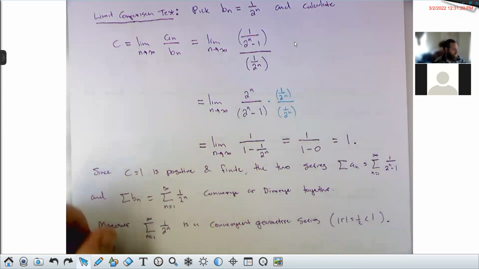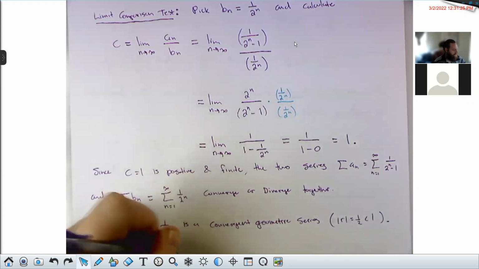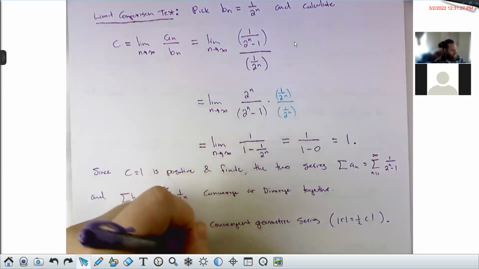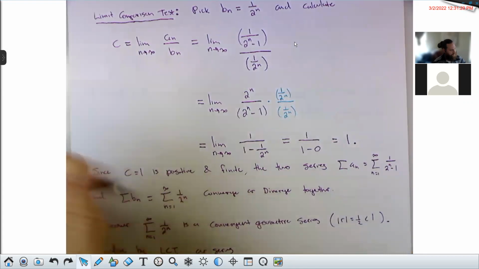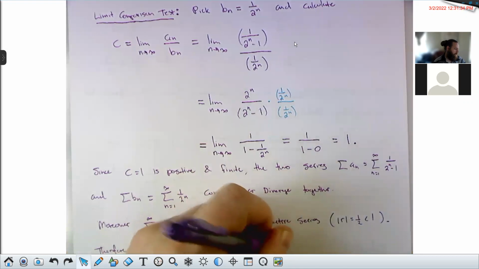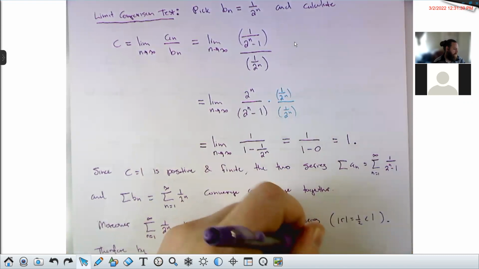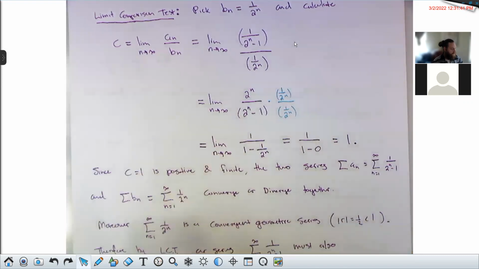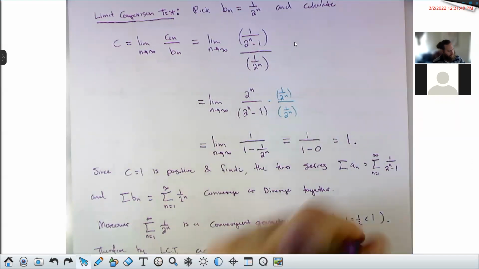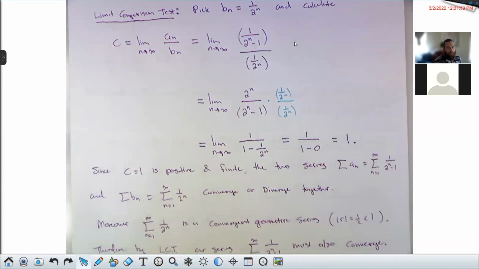Therefore, by the limit comparison test, our series sigma 1 over 2 to the n minus 1, so from 1 to infinity, must do the same thing, right? That's what we proved up here, that these two series do the same thing. Since this series converges, our series must also converge. And that is the end of the problem.